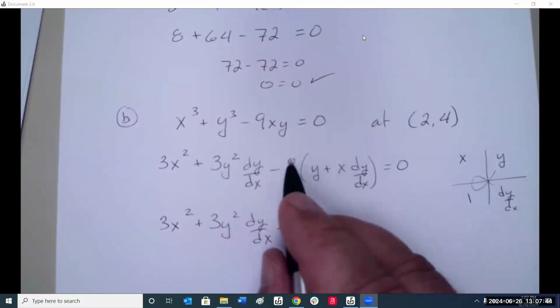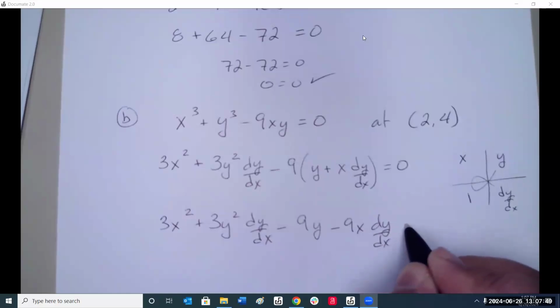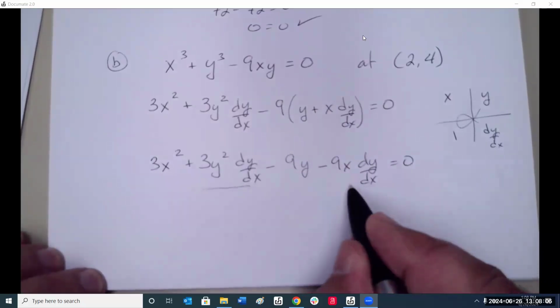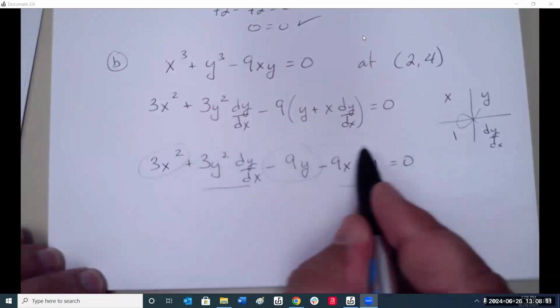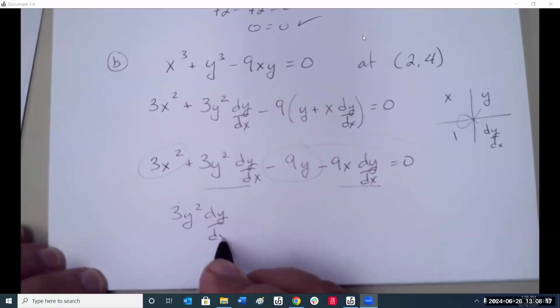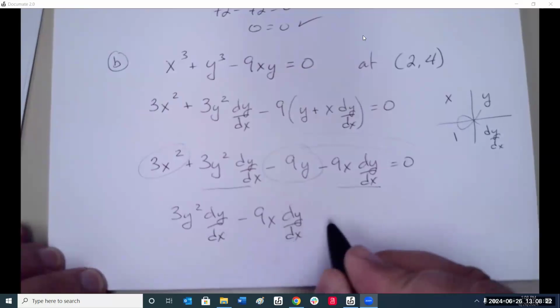Negative 9 times y is negative 9 times x is negative 9x. Put all the dy dx's on one side, non-dy dx's on the other side. So we have all the dy dx's here. So move this guy and that guy to the other side. Minus 9x dy dx.